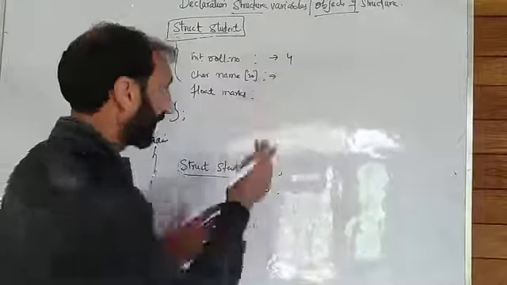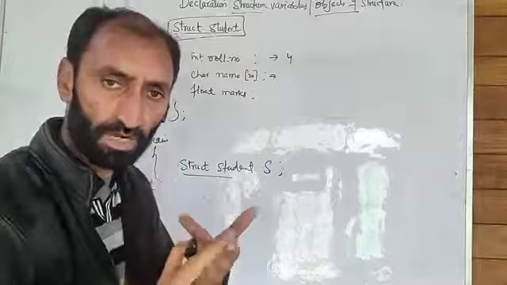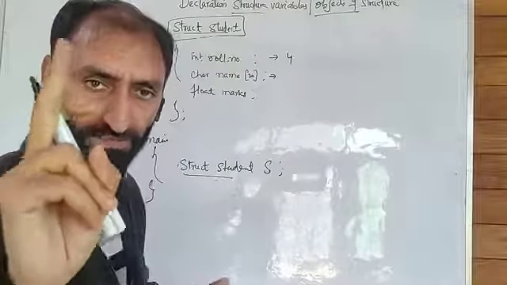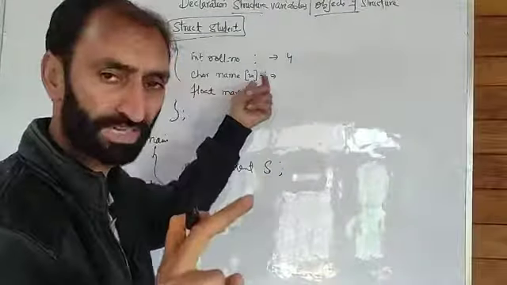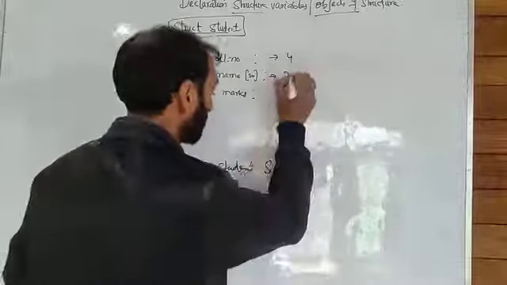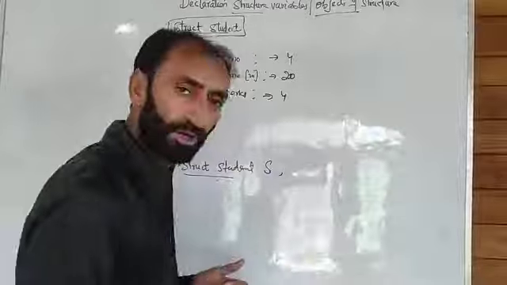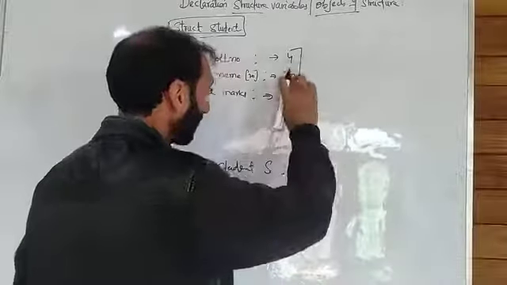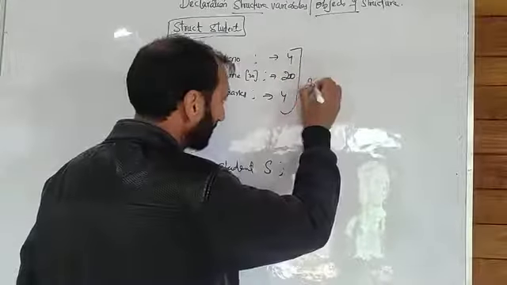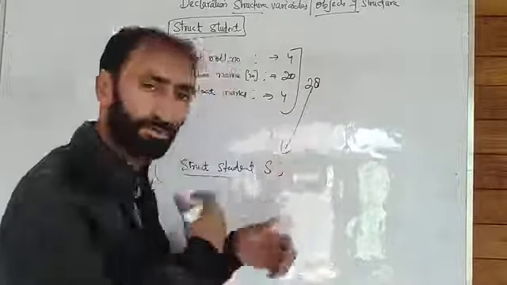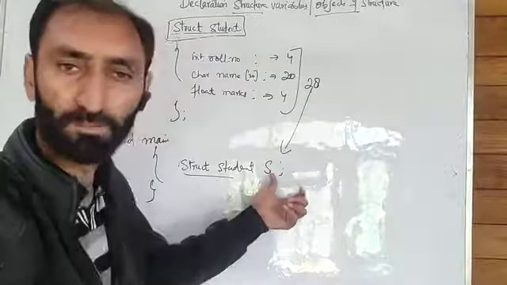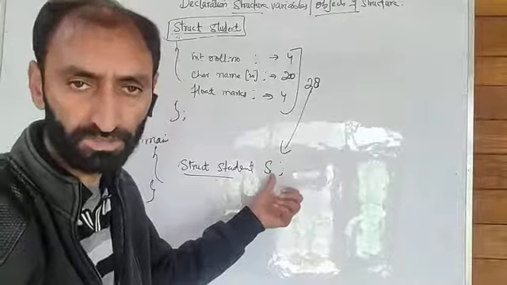We know that a character occupies 1 byte of memory. Here there are 20 characters, that means 20 bytes will be allocated. And for float, 4 bytes will be allocated. In total, 4 plus 20 plus 4, 28 bytes of memory, will be allocated by the memory manager for this variable, or we can say for this object.